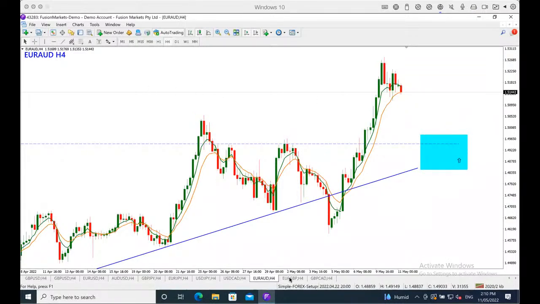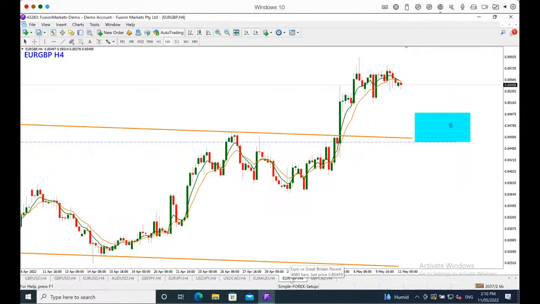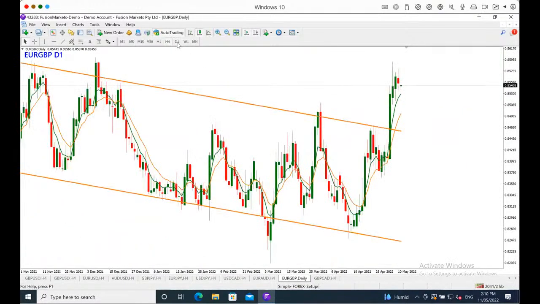The next currency pair I'm looking at is EURGBP. And EURGBP, I'm looking for long opportunities. We have now broken out, so 2 closes above the channel that we had, the downward channel.